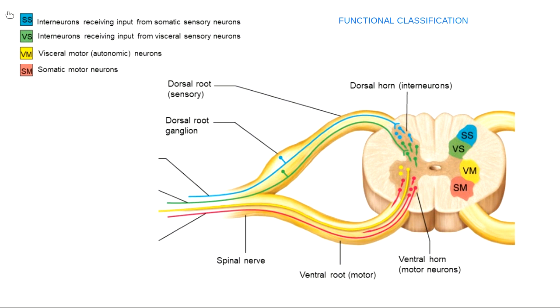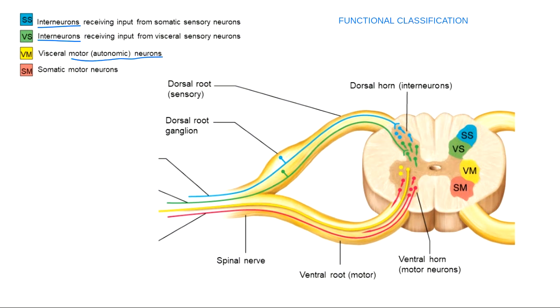So what I want you to underline, highlight, star in each of these descriptions is our functional classification. What I mean by that is my blue colored stuff, notice that my functional classification of those neurons are interneurons. And then my green colored stuff, they are also interneurons. We go down to the yellow and they are motor neurons.